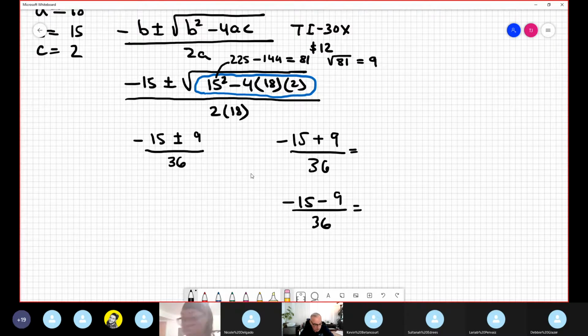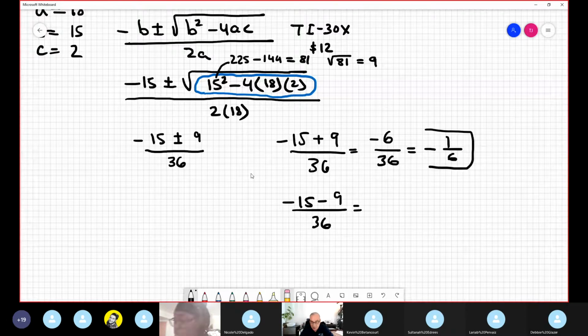In this case, negative 15 plus 9, subtraction is 6, put the sign of the bigger number, negative. And now, as always, you have to reduce to lowest terms. 6 is divisible into 36, divide top and bottom by 6, and it is negative 1 over 6.